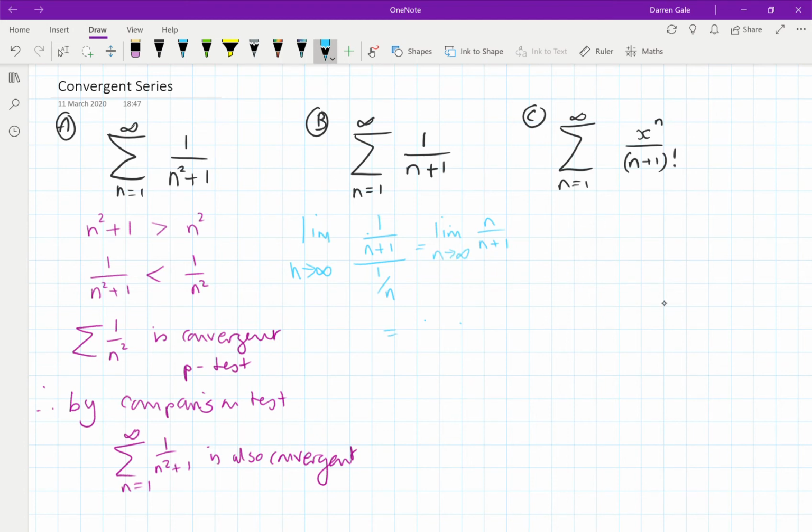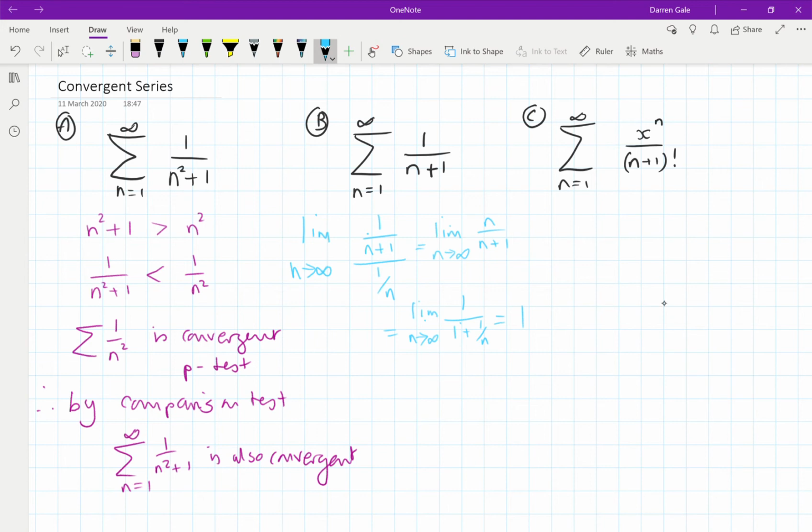If I divide top and bottom by n, I get 1 over 1 plus 1 over n. That is 1. So what we're saying is that 1 over n plus 1 is, as we go to infinity, the same as 1 over n. Their limit is 1.